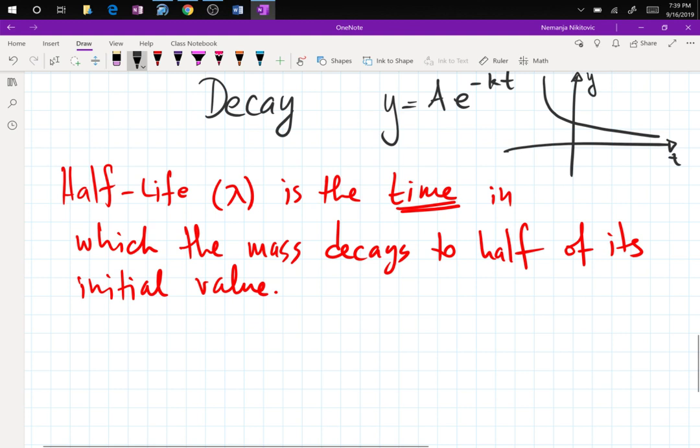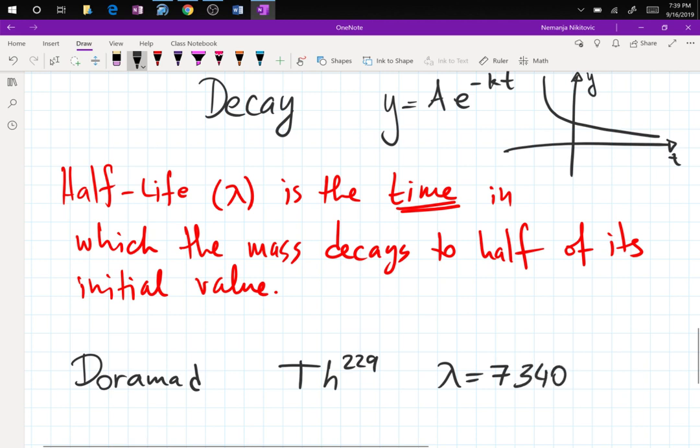So here we go. We're going to write Doramad, thorium 229, half-life lambda, 7,340 years in the decay.